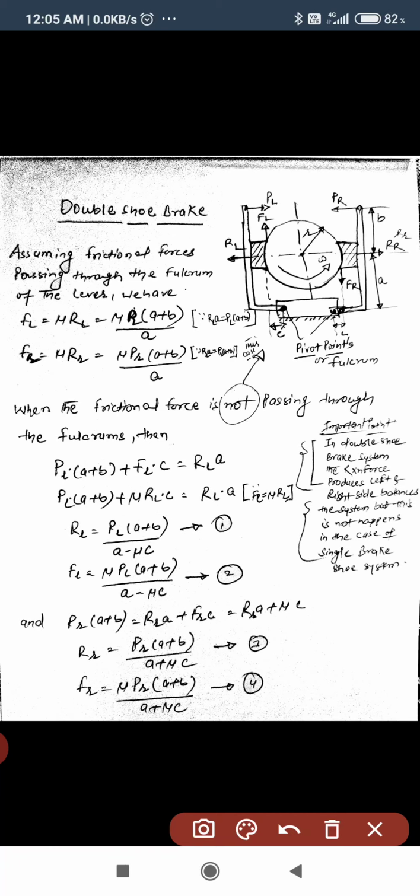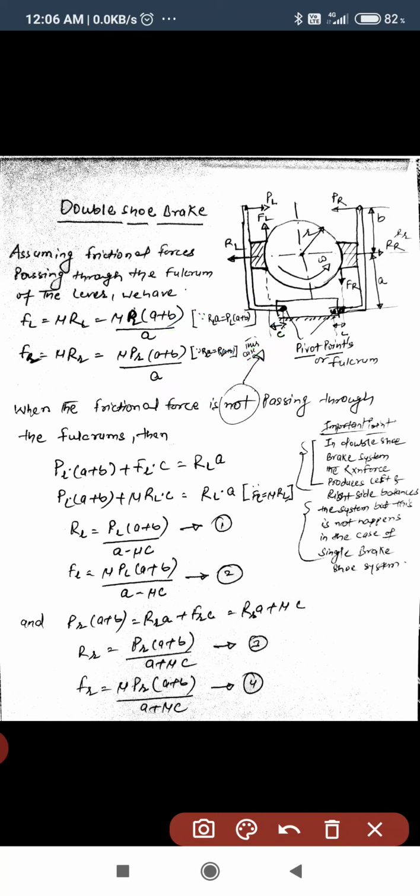So from this I put the value. FL is the frictional force, so I can write it as mu RL dot C. Then I can put this value PL A plus B upon A minus this value. You are using this value from here and here, so you will get this easily.